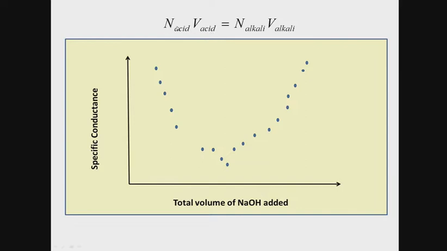In this experiment, because oxalic acid is a primary standard, you know very accurately what the strength of the acid solution is. You also have chosen the volume of the acid solution taken, and therefore, if you know this V alkali, that is the volume of the alkali solution required to neutralize the given acid solution completely, you can very easily determine the strength of the alkali solution from this equation.